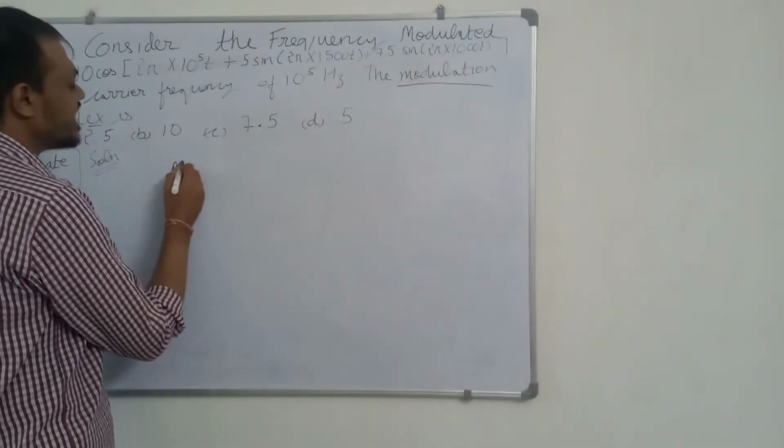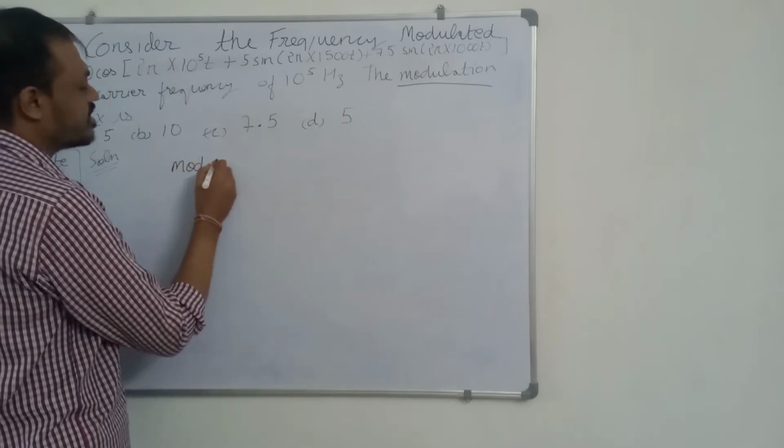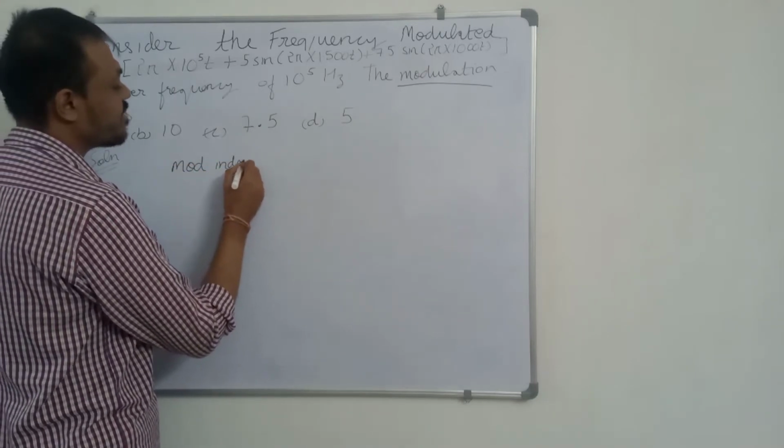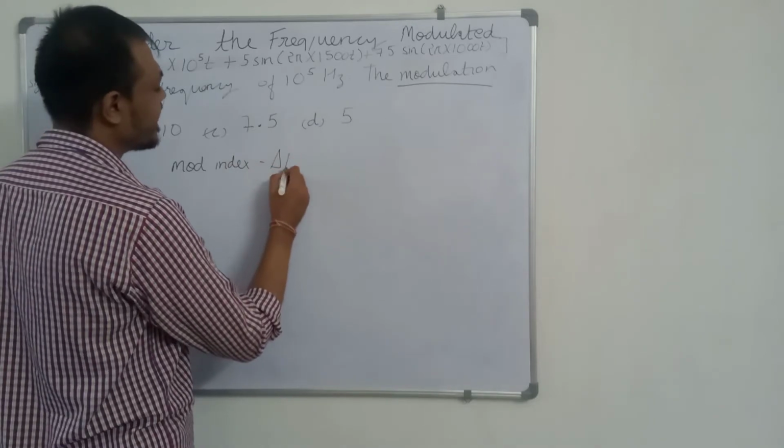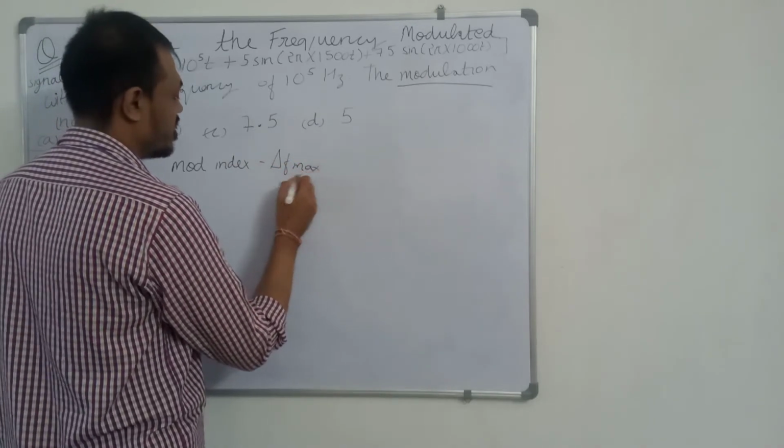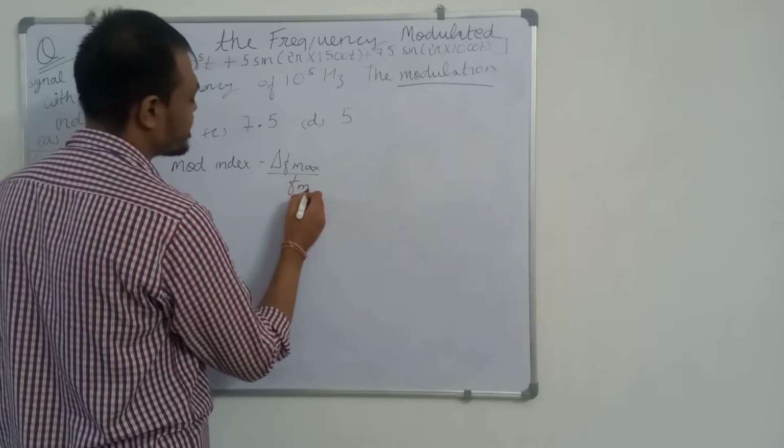So modulation index is given by the maximum frequency deviation, delta F maximum, upon the maximum frequency of the message signal.